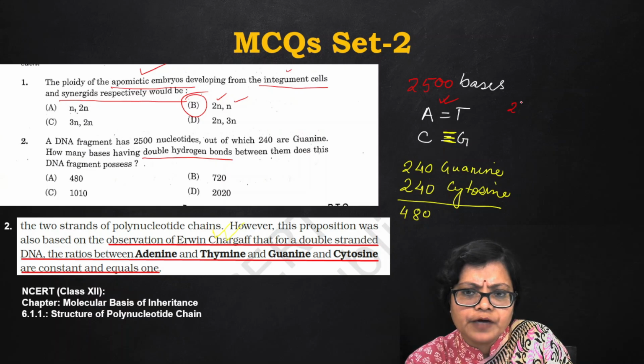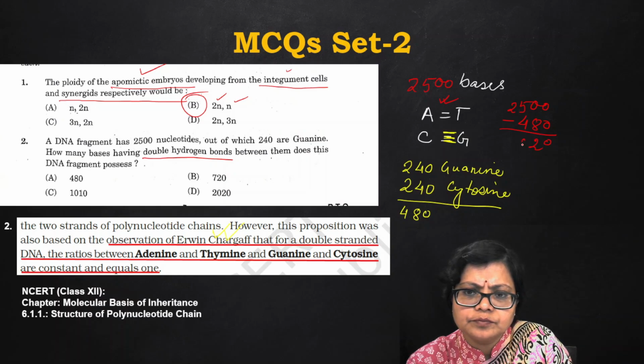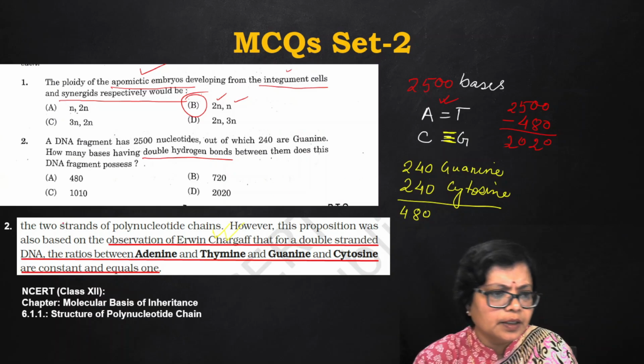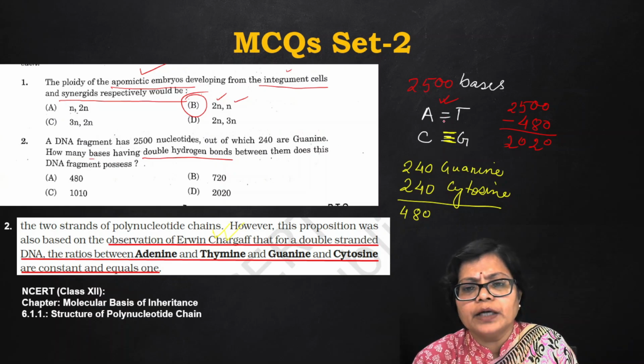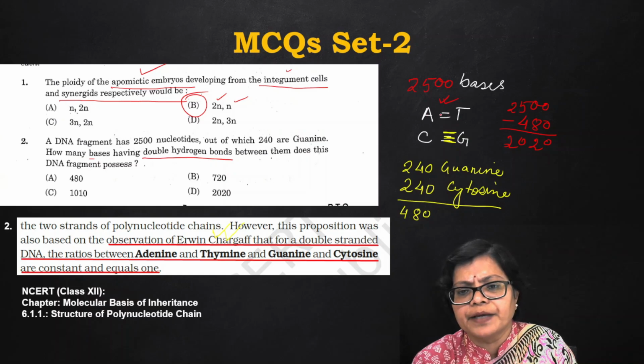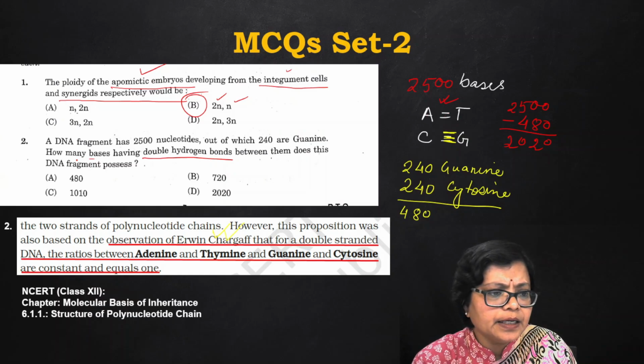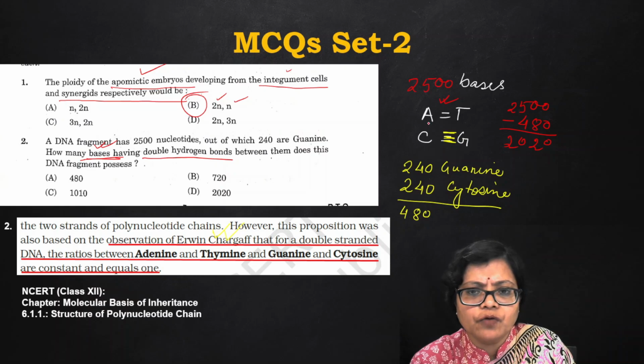So 2500 minus 480 will be 2020. Here it is not told base pairs. Base pairs means for one double hydrogen bond, one base pair, but the question asks how many bases. For one double hydrogen bond there are 2 bases.